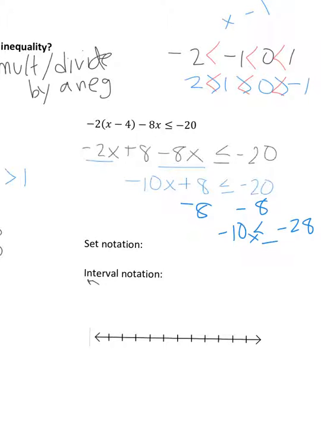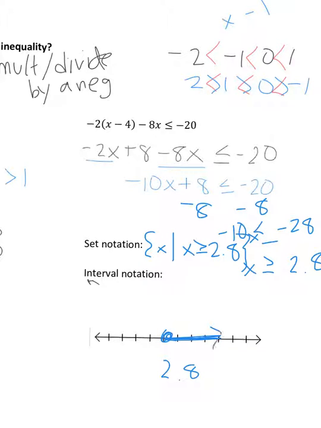And then when I divide by -10, I need to change the direction of the inequality. If I write this in set notation, I do x such that x is at least 2.8. And then interval notation, if I were to graph this, it's a closed dot at 2.8 and graph to the right. So the number starts at 2.8, it includes 2.8, and goes all the way to infinity.